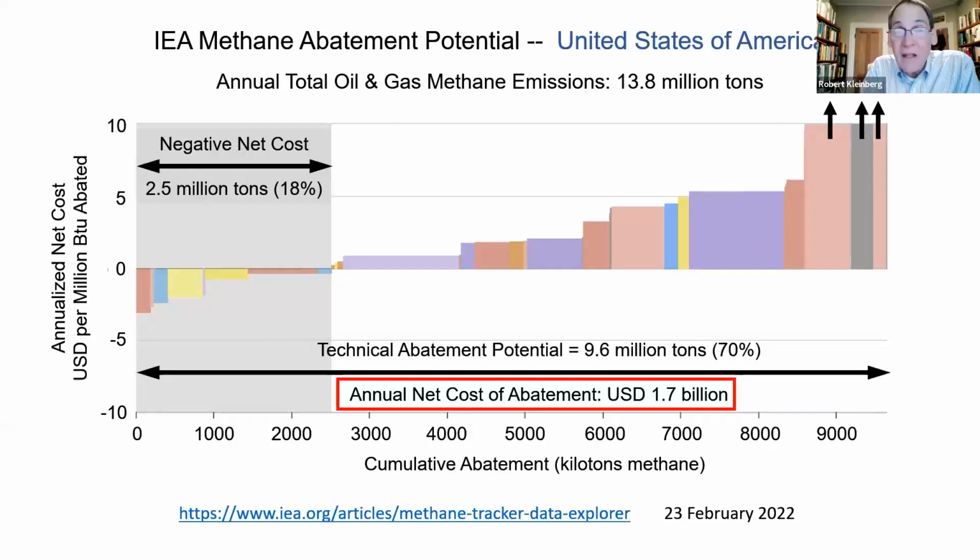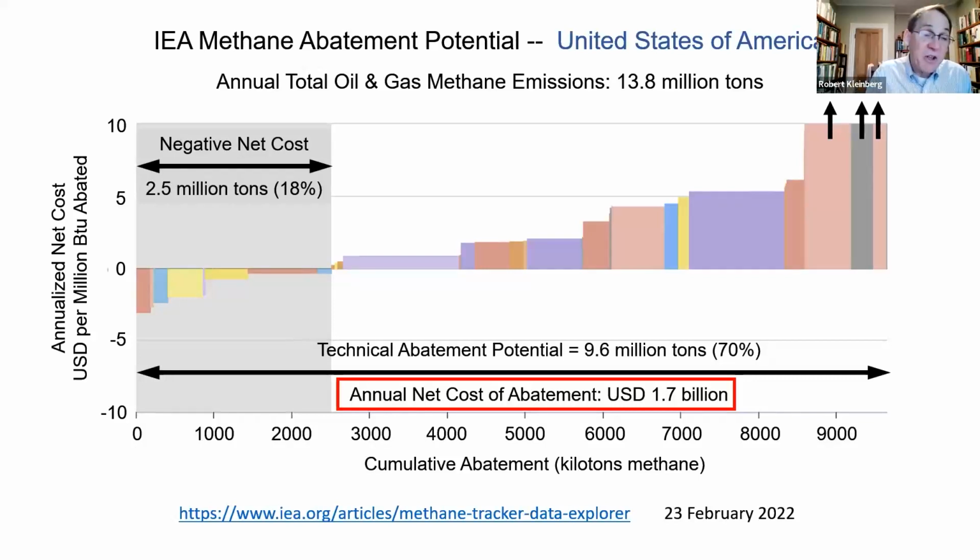IEA says that it's probably not possible to abate the entire 13.8 million tons, but we should be able to fix about 9.6 million tons, or about 70% of the total. Now, if you take these cost curves, on the horizontal axis we have cumulative abatement in kilotons of methane.